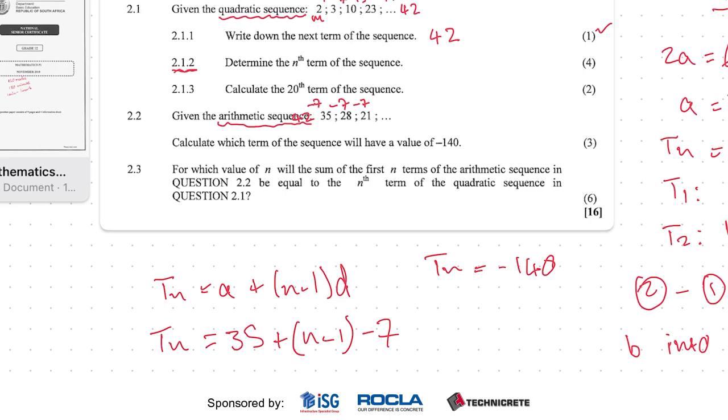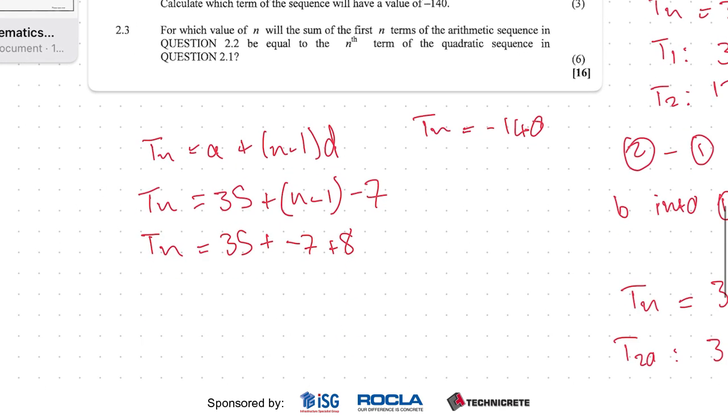Then we can expand the bracket, so we'll get -7n plus 7 plus 35.